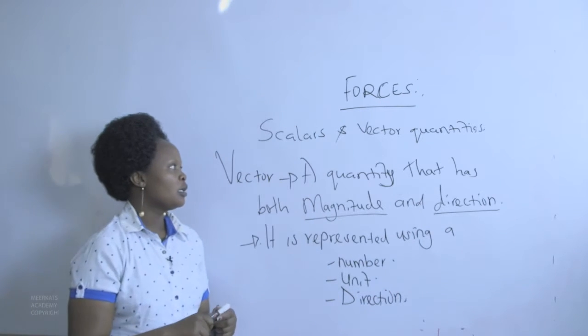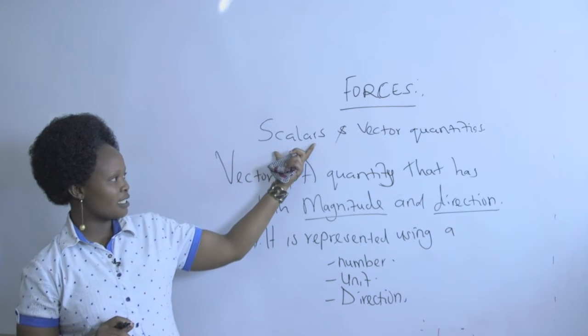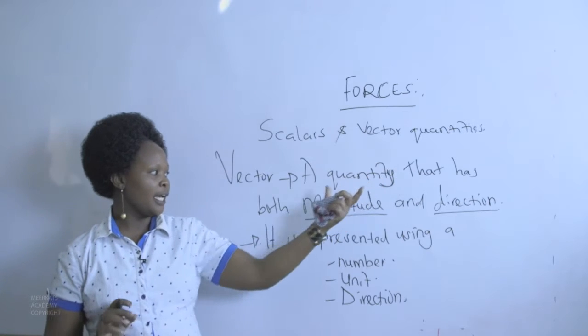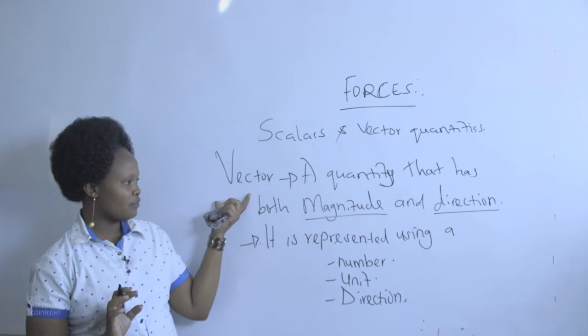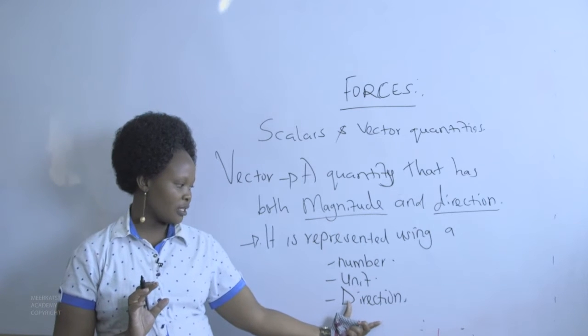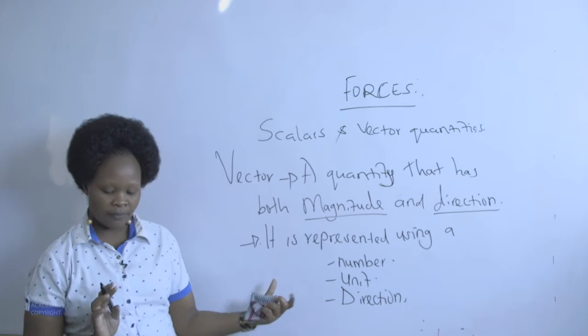Now, clearly you can see there is a distinct difference between a scalar and a vector quantity, in that for a vector we are given an idea on direction of whatever quantity we are discussing.